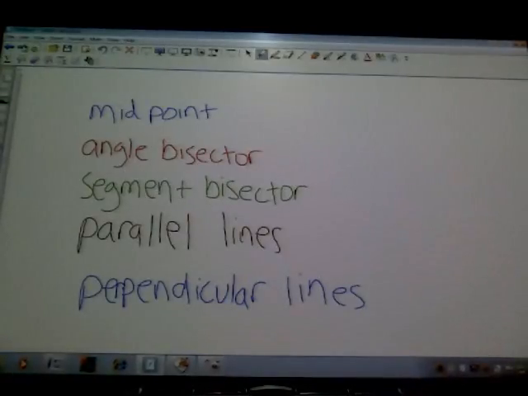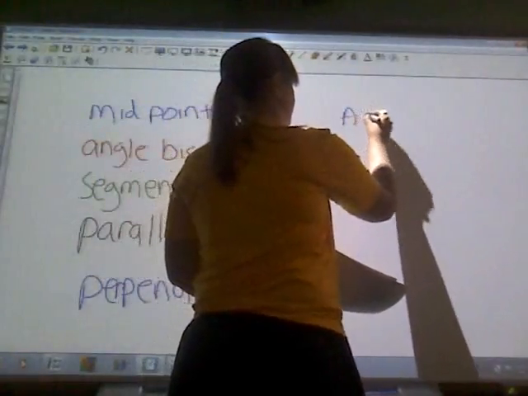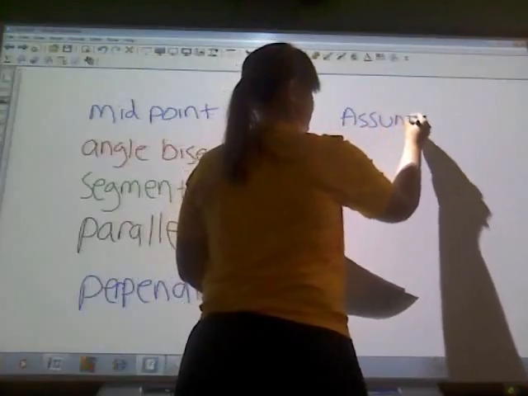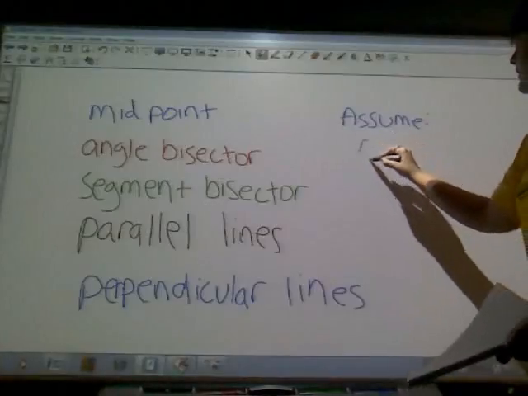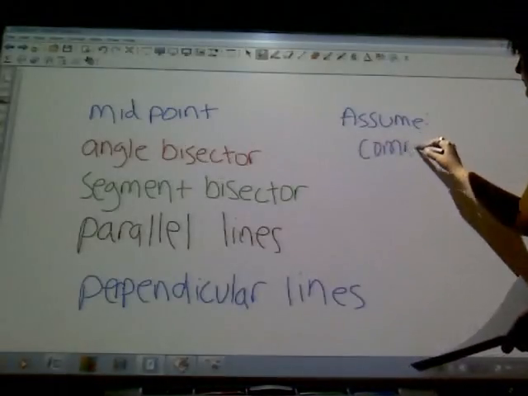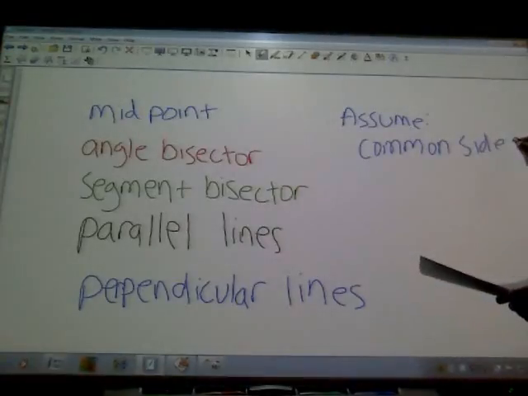Some examples of keywords in a given statement are midpoint, angle bisector, segment bisector, parallel lines, or perpendicular lines. Students should also be aware of items in the diagram that you can automatically assume, such as common sides, or vertical angles.